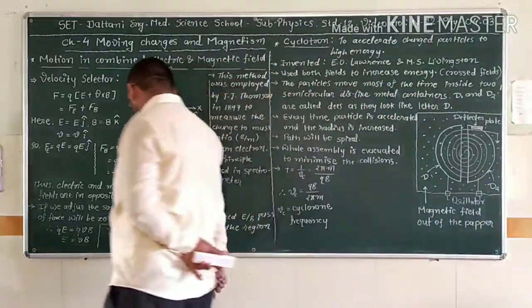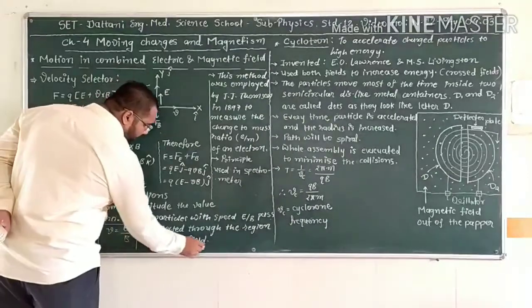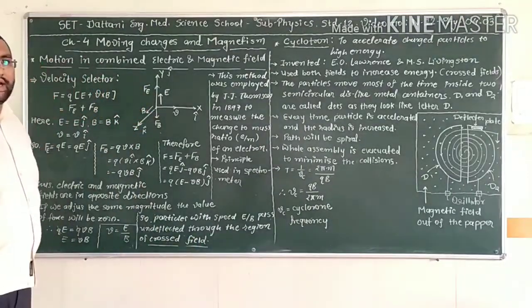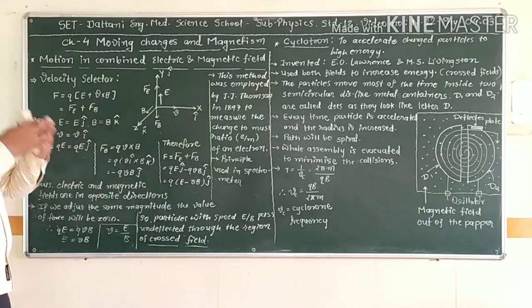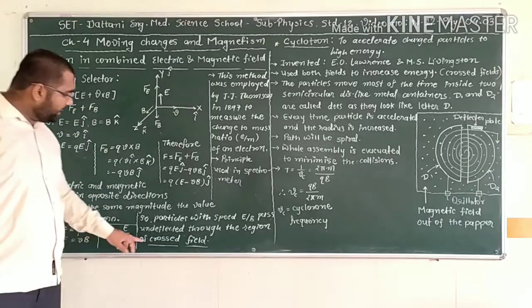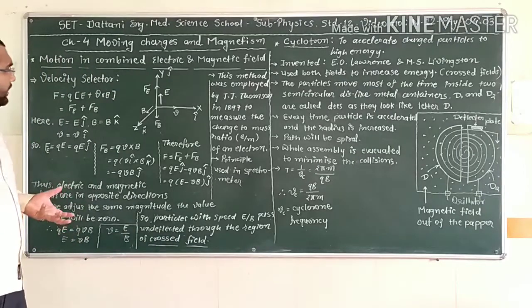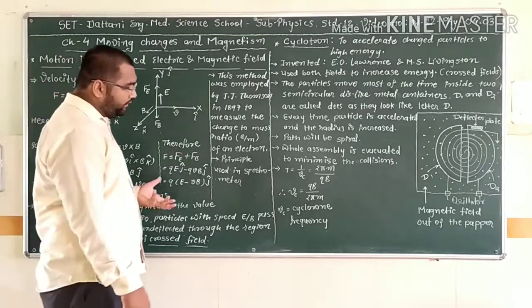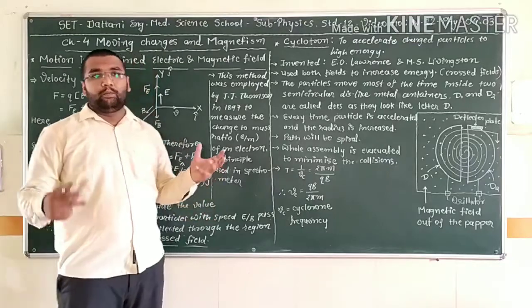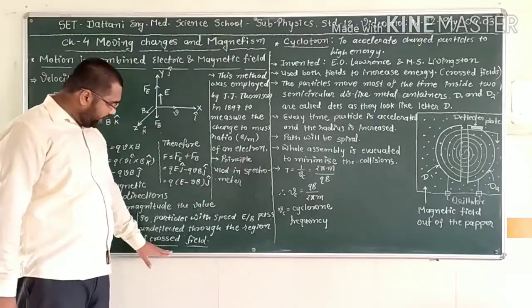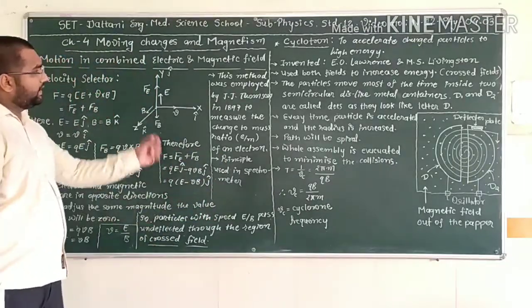Here crossed field means the electric field and magnetic field are perpendicular to each other, so it is called a crossed field.